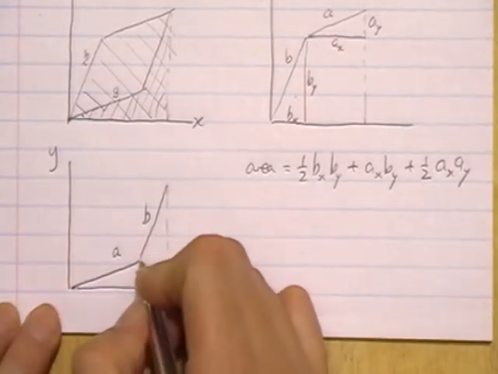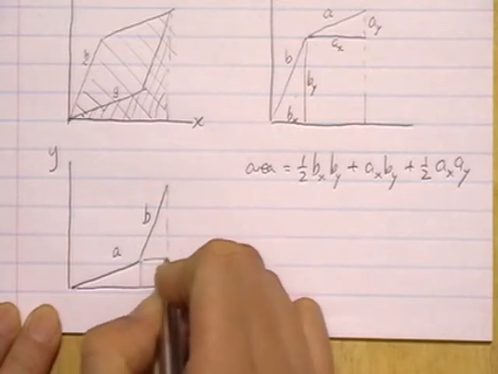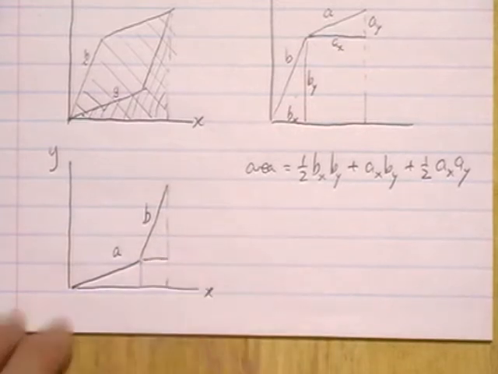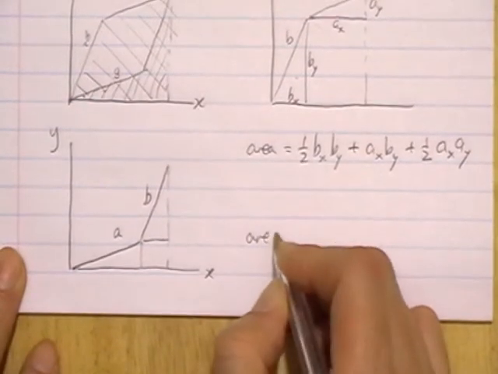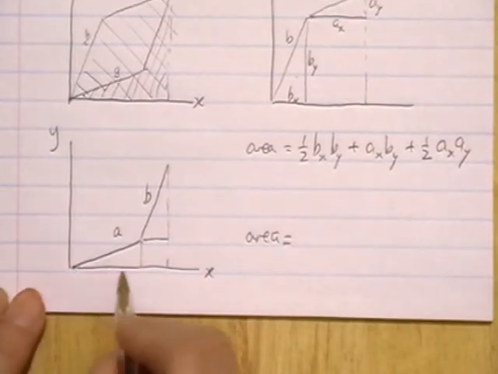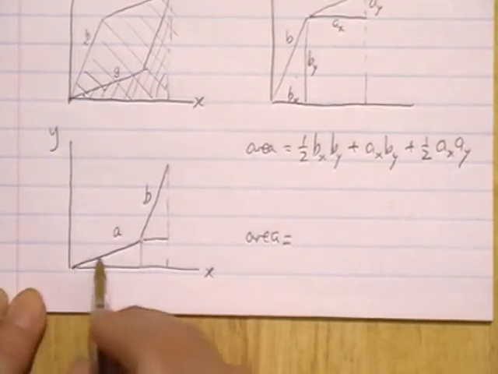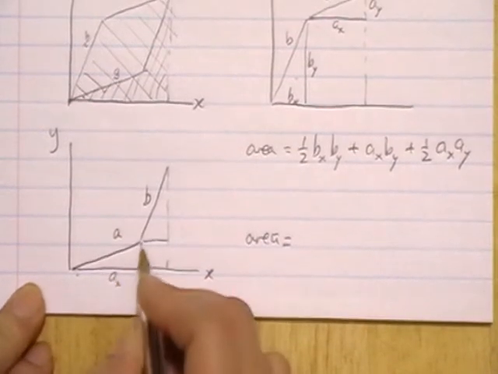So I'm going to divide this up in a similar way. Okay, the area here would be the area of this triangle, this is AX, this is AY.